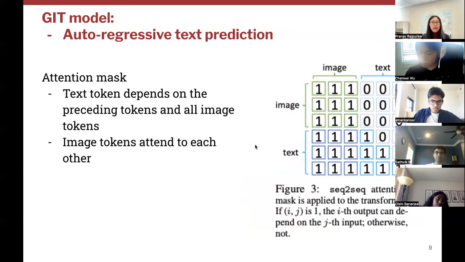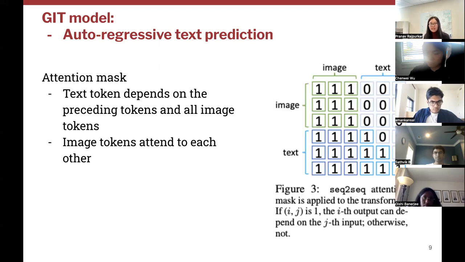As we can see, a very important thing is how we can reason across both the image features and the text features. To do this, they introduce a self-attention mask. On the right figure, this is a sequence-to-sequence attention mask, where for each point ij, the i-th output can attend to the j-th input. This means that all the image tokens can attend to each other through the transformer-based model.